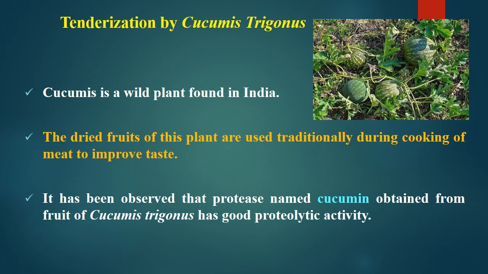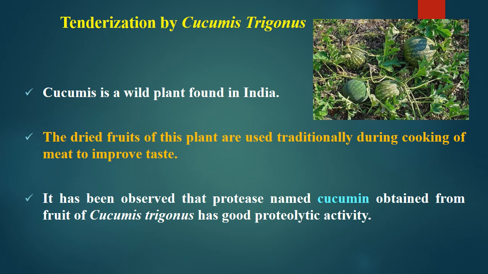Here is another new plant origin enzyme from the plant Cucumis trigonus. The fruit from this plant has been found in a lot of work to have a tenderizing effect. So this Cucumis is a wild plant found in India, and the dried fruits of this plant are used traditionally during cooking of meat to improve taste.